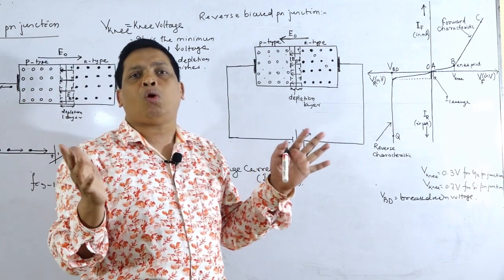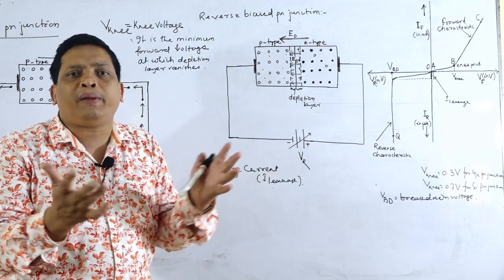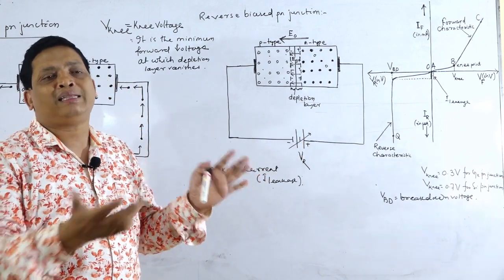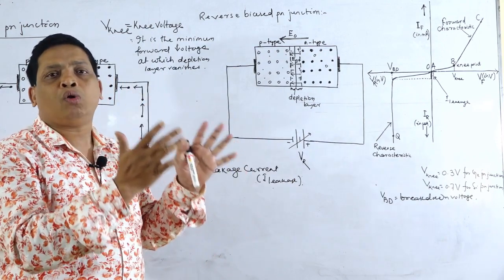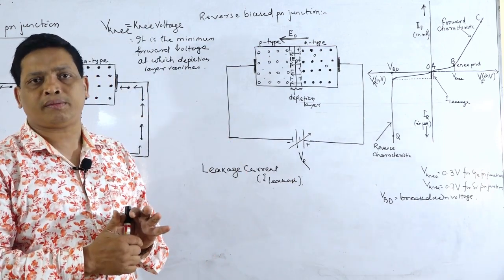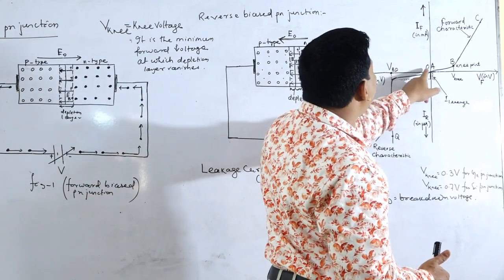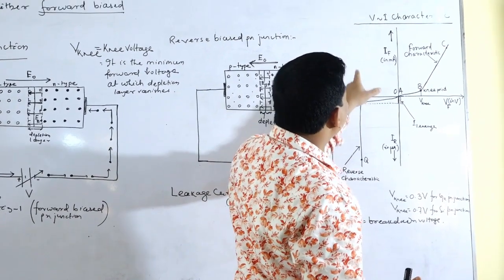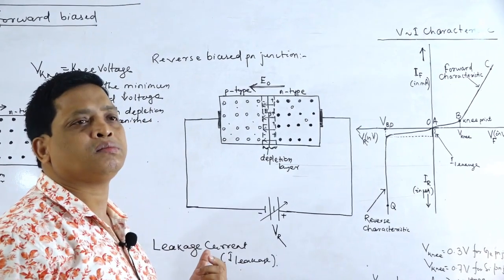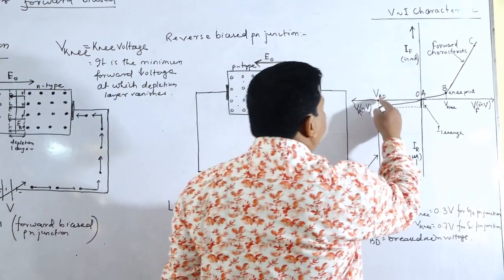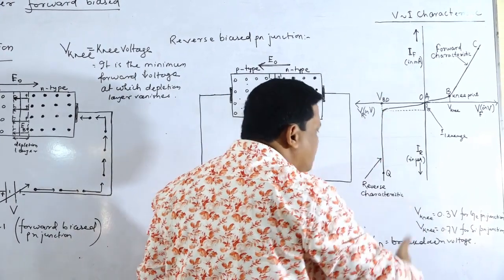As the covalent bonds break, suddenly a large number of electrons are free, and that stage of the p-n junction is known as breakdown condition of the p-n junction. So breakdown voltage is the reverse voltage at which the breakdown of the p-n junction occurs. At this voltage there is a sudden rise of current, and this is the reverse current.